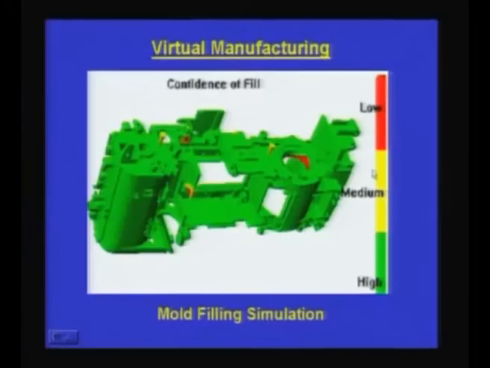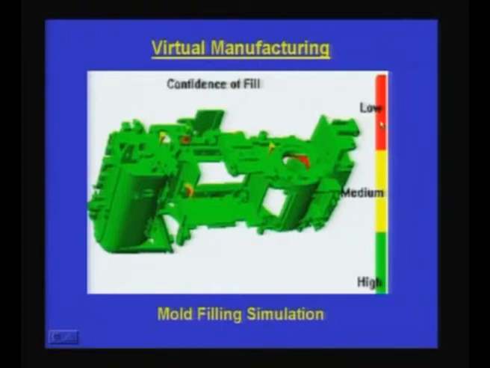What you see here is the result of a mold filling simulation. It shows 3 regions. The region shown in green is the portion where the material can reach very easily, there is no problem. But I have a portion which is yellow, where the material reaches, but there is a difficulty.